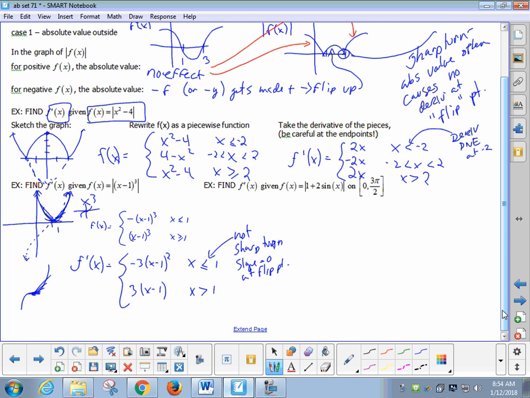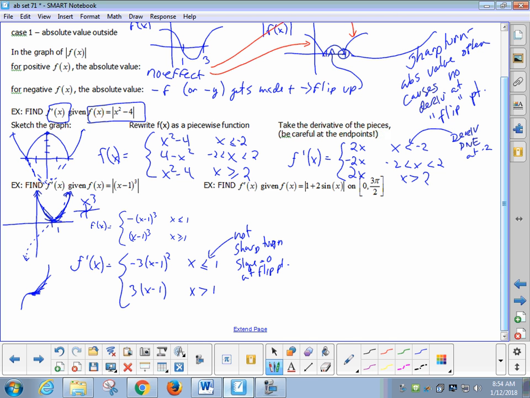This slope is definitely not approaching 0 here. Before, it was steep, positive steep to negative steep, just like that. Whereas now, this guy is flat to flat. It's fine. This is a pretty rare case, but I want you to be aware of it. Most times the derivative will be a sharp turn.